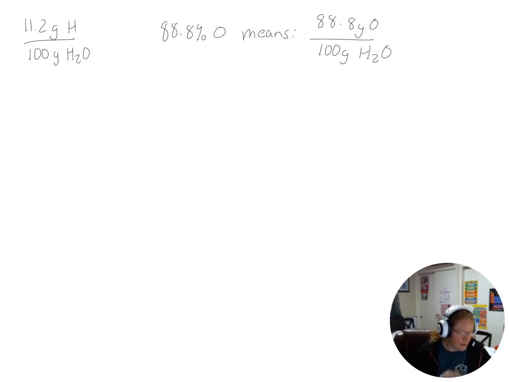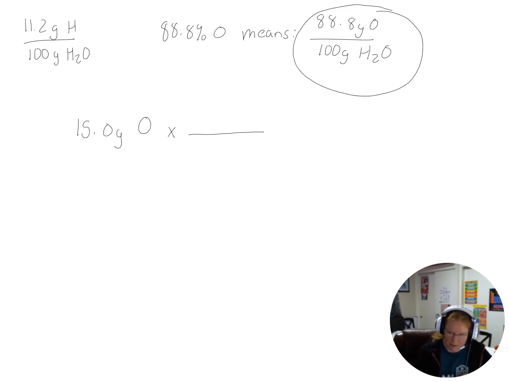The question was asking us, what is the mass of water containing 15 grams of oxygen? So I can say I have 15.0 grams of oxygen, and now what I need to cancel out is grams of oxygen. Using the conversion factor up here, I can put 100 grams of water on top and 88.8 grams of oxygen on the bottom.